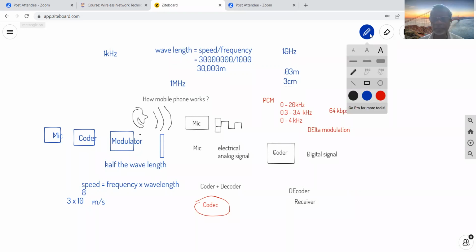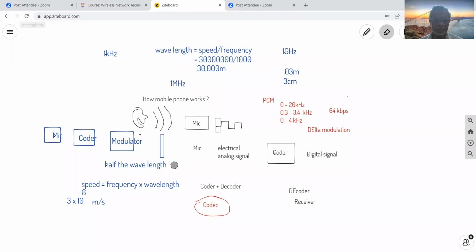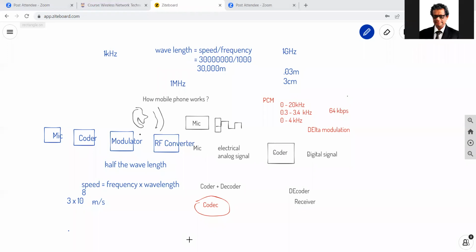Therefore, after the modulator, you need another device called the RF converter, the radio frequency converter.